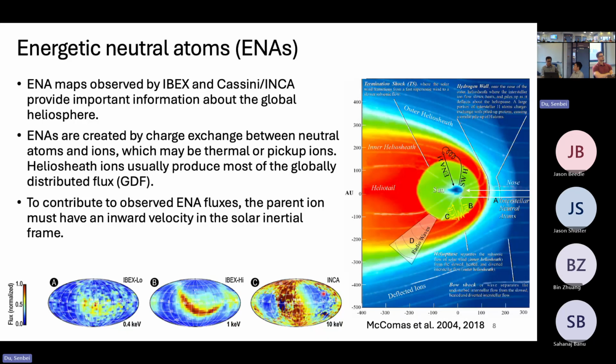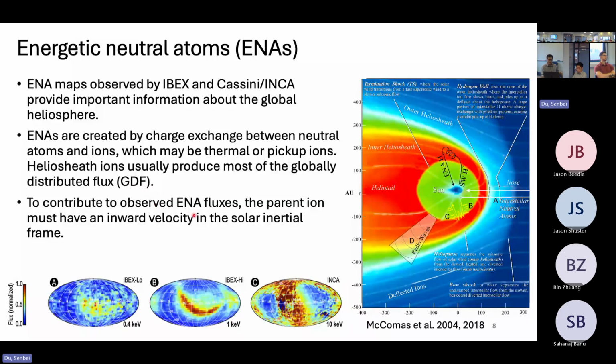The Heliosheath ions usually produce most of the so-called globally distributed flux, in contrast to the so-called ribbon structure, which mostly comes from the interstellar medium. I'm going to mostly talk about this GDF here.